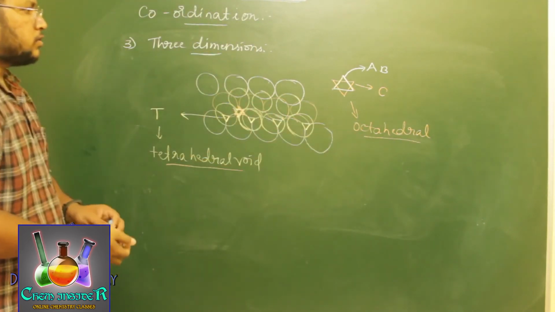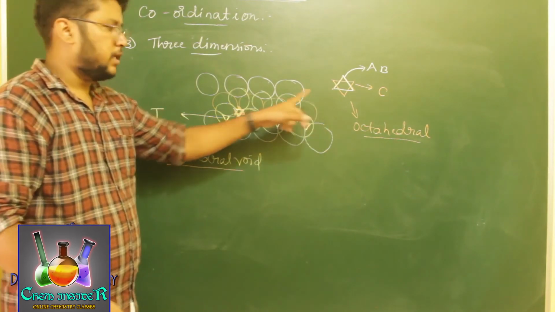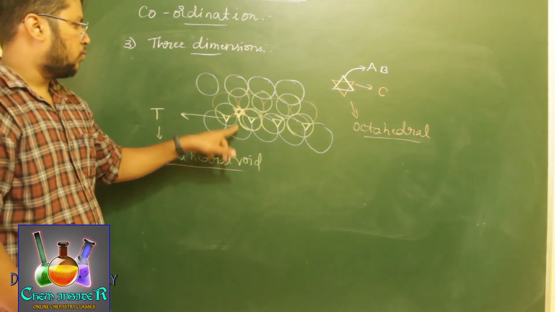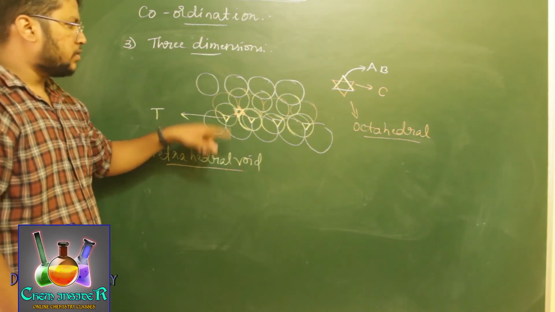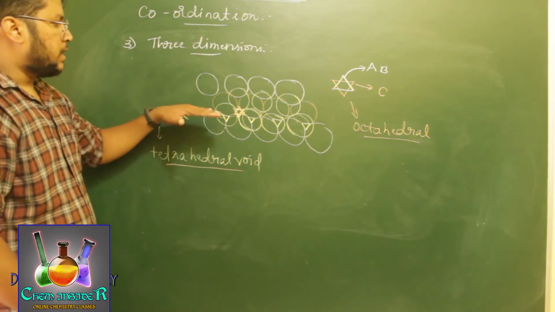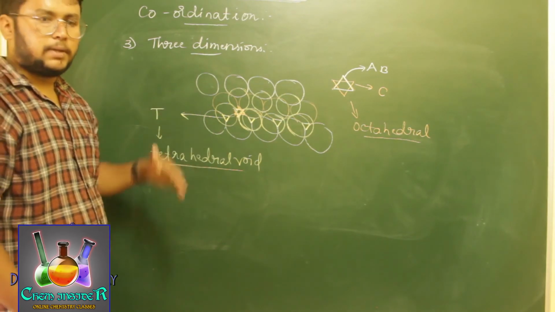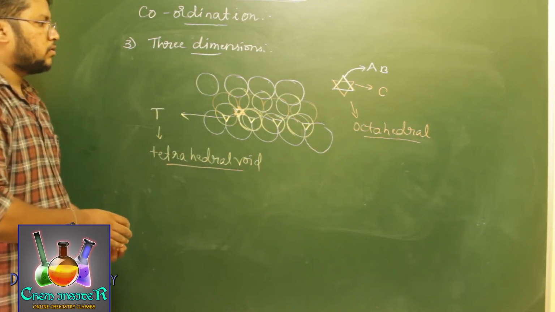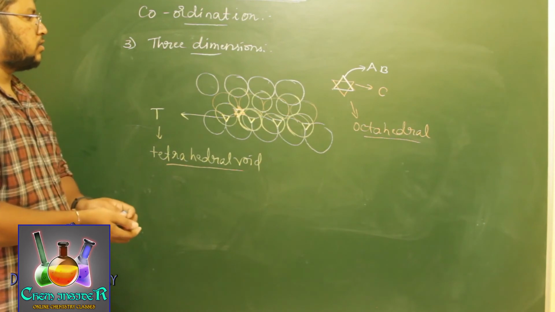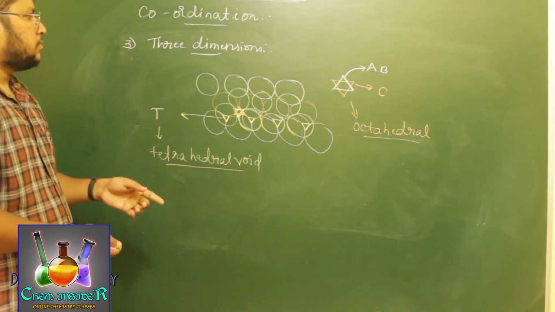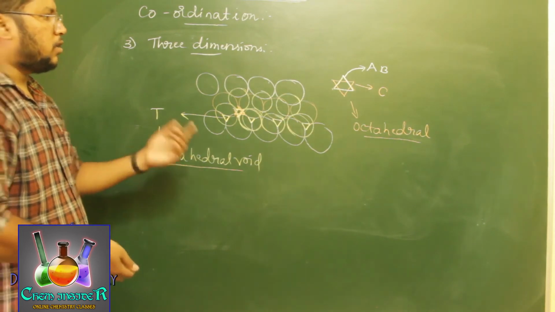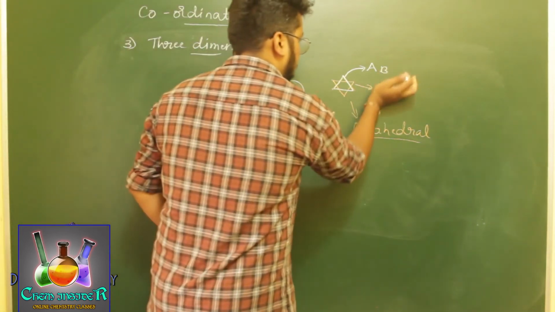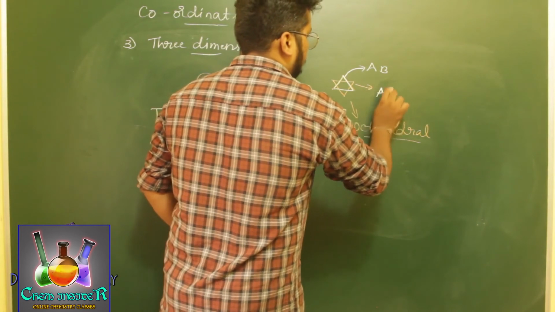So now we have discussed one type of arrangement, placing C over AB. Next we are discussing placing AB exactly over AB. Sorry, this is not AB on C, this is AB on AB type.